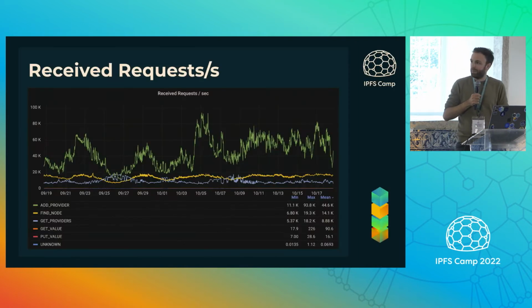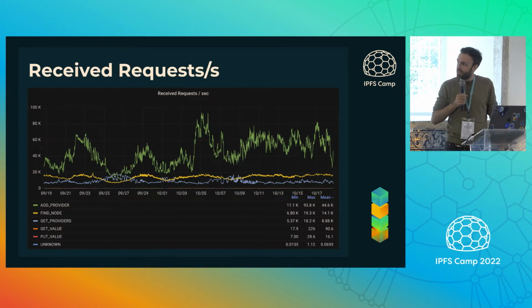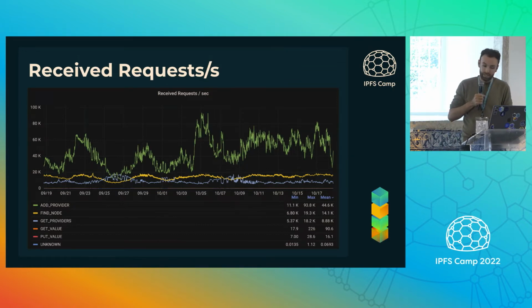But let's continue with Hydras in production at Protocol Labs. They receive tons of requests. On the x-axis, you can see the time, and on the y-axis, the received requests per second. The blue line is the add provider RPCs, and they wobble around 50,000 requests per second.